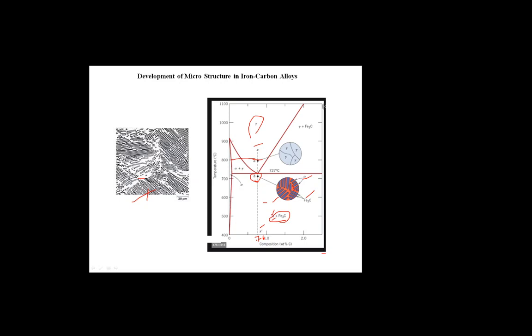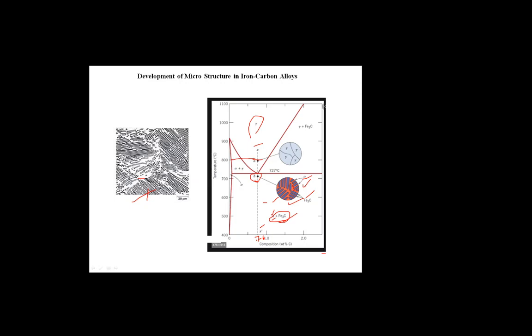This alternating alpha plus Fe3C layer in the pearlite form is the same as for the eutectic structure we discussed earlier, because the composition of the parent phase, austenite, is 0.76 percent, which is different from either of the product phases: ferrite with 0.022 weight percent carbon, and cementite with 6.67 weight percent carbon.